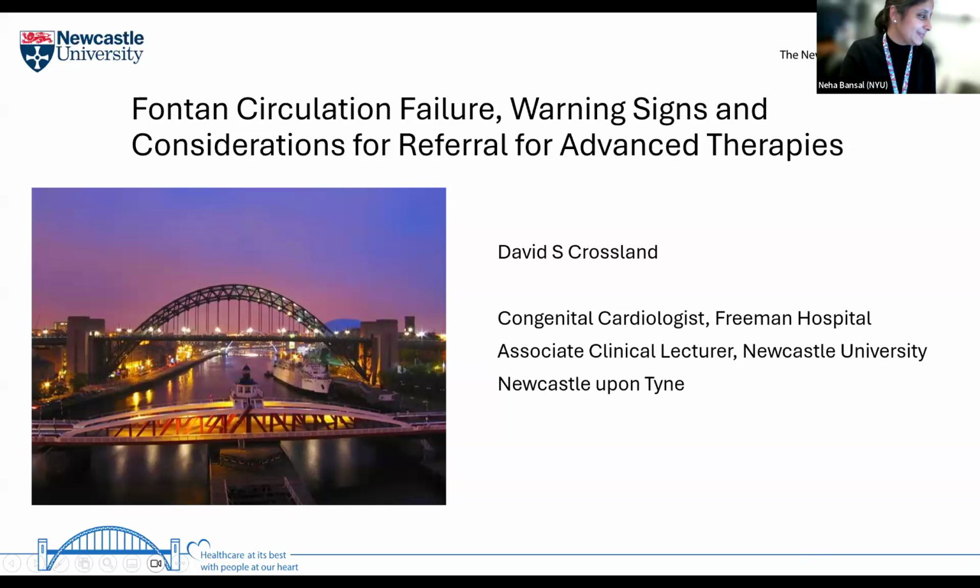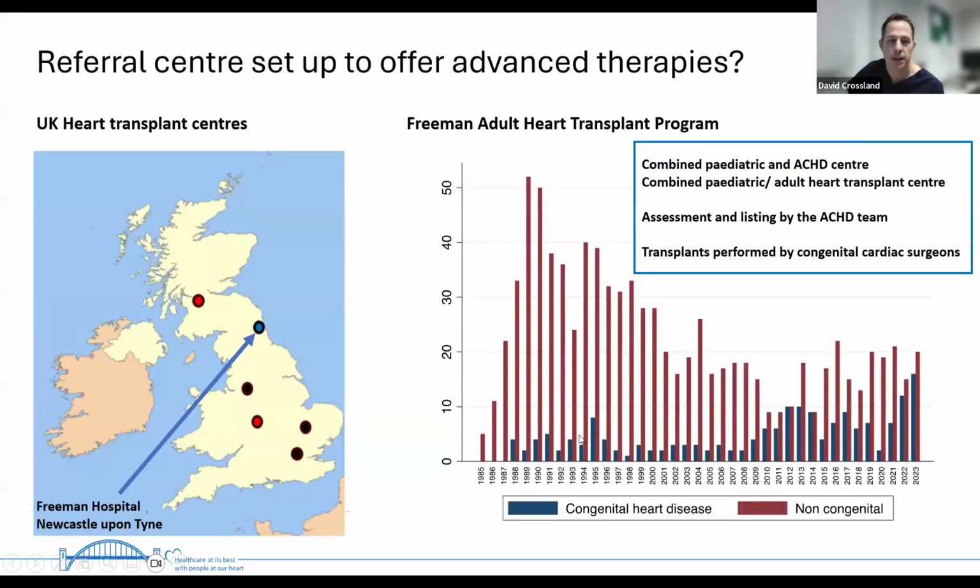Thank you for the introduction, and thank you for asking me to talk today. So I suppose the first question is, who are you actually referring your patients to? And how's their program set up? So in Newcastle, we work at the Freeman Hospital, which has a model of combined pediatric and ACHD centre.